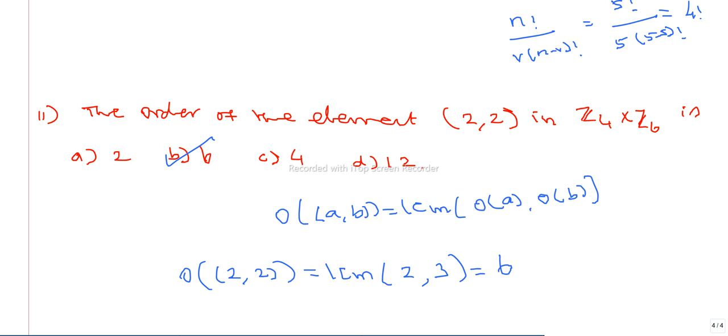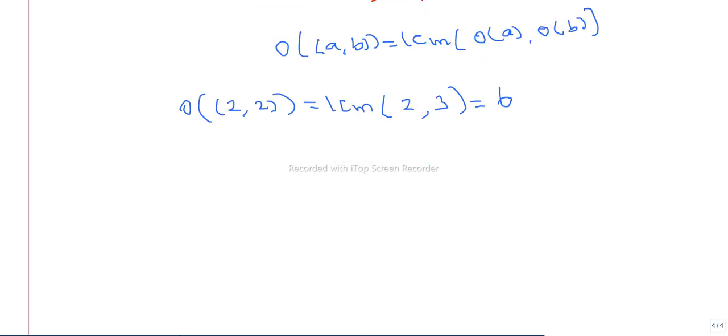Now the next question. Suppose A is a 3 by 3 matrix whose eigenvalues are 1, minus 1, 0.